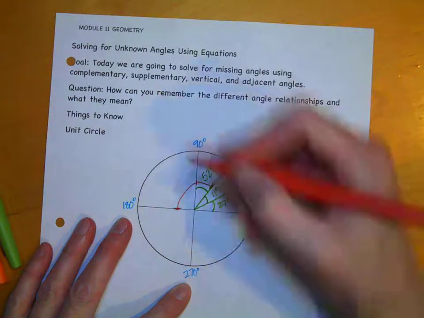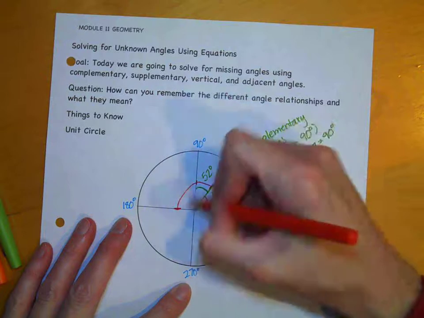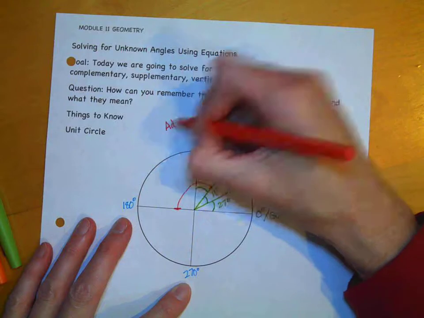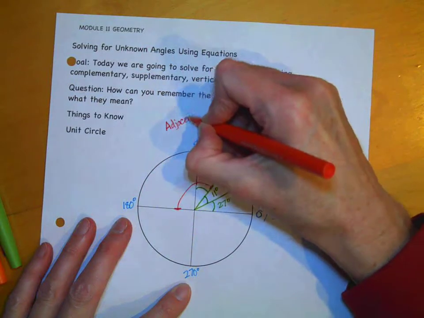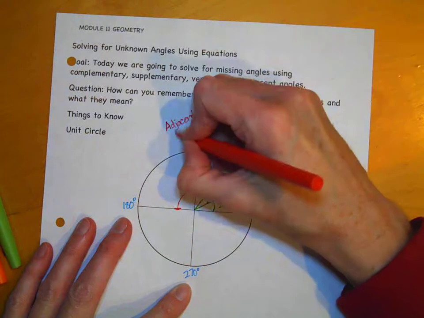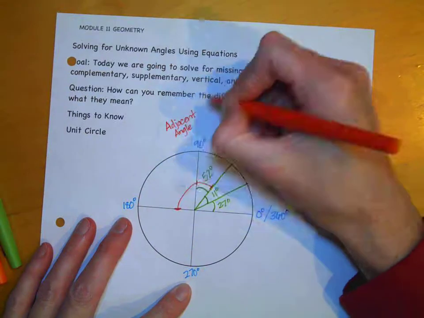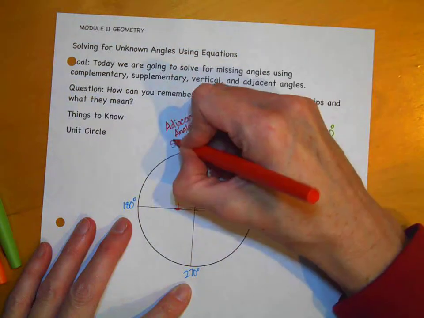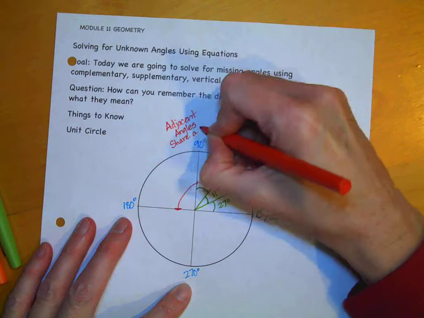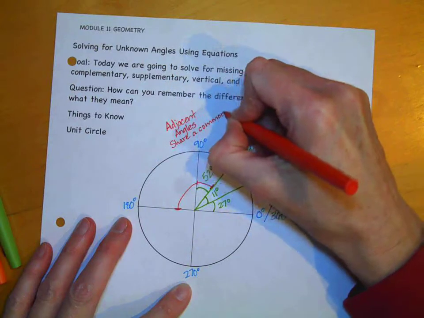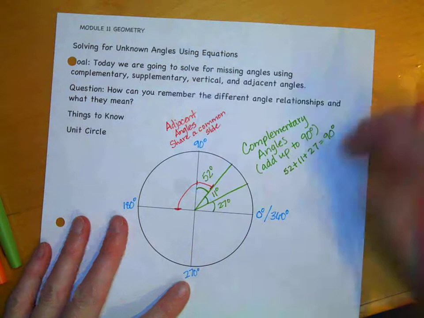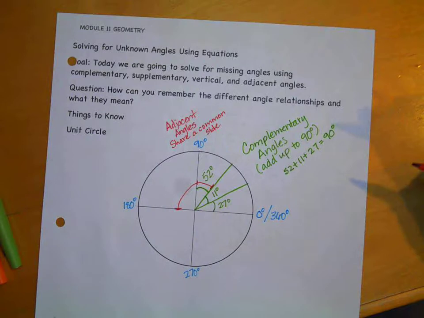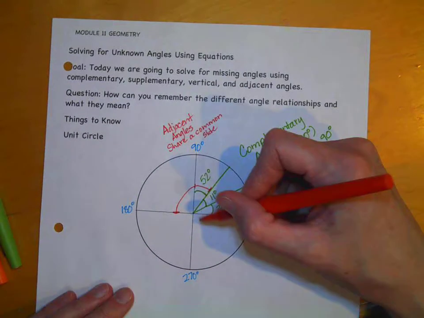Well, these two angles right here, this little piece and this big piece, are known as adjacent, okay? Adjacent. And the reason why they're known as adjacent angles is because they share a common side, okay? So adjacent angles share a common side. Now, the thing that's interesting about adjacent angles is that they don't hold any specific degree value. They just share a common side.